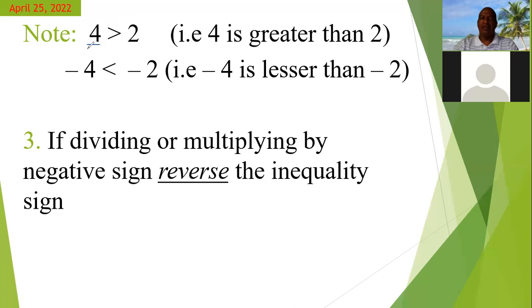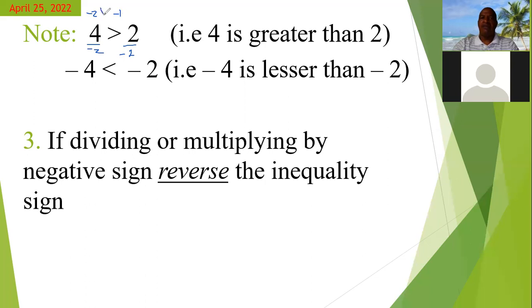So we divide both sides by -2. If we divide the left side by -2, we get 4 divided by -2, which is -2. And if we divide the right side by -2, we get 2 divided by -2, which is -1.